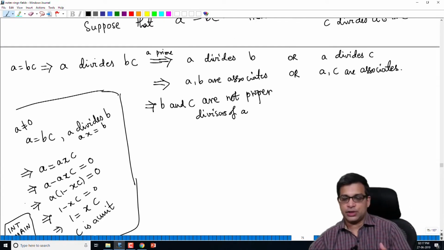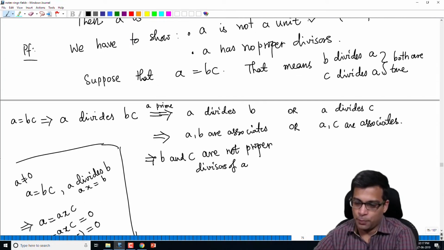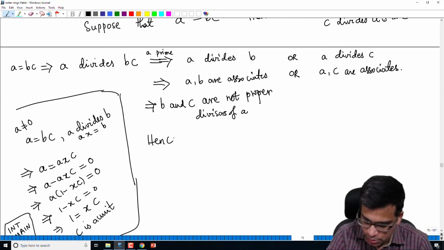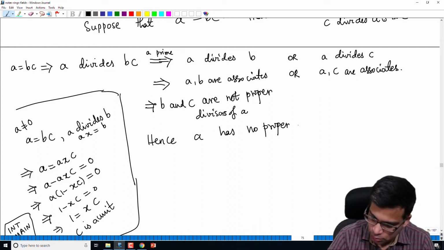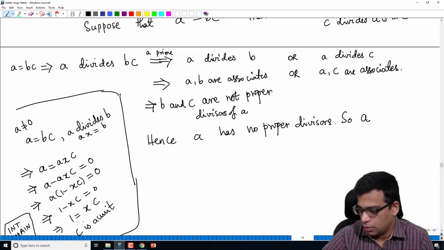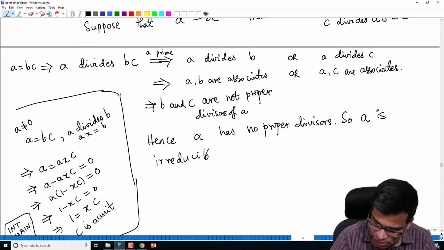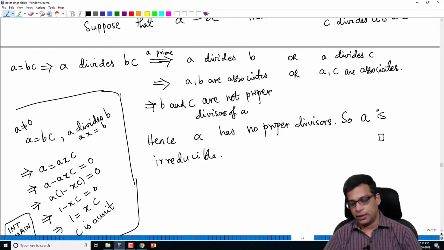So as long as you have a factorization where one of them is actually an associate, then the other must be a unit. So this is not a proper factorization, and A has no proper divisors, so A is irreducible. It's already not a unit because it's prime, and we now concluded that it has no proper divisors, so it's an irreducible element.